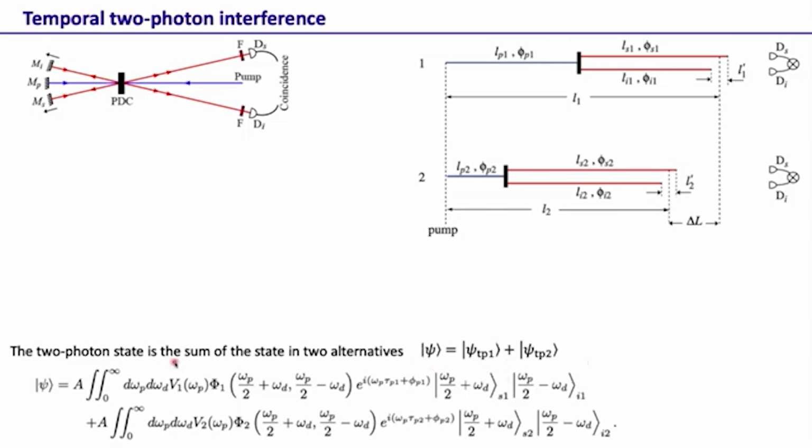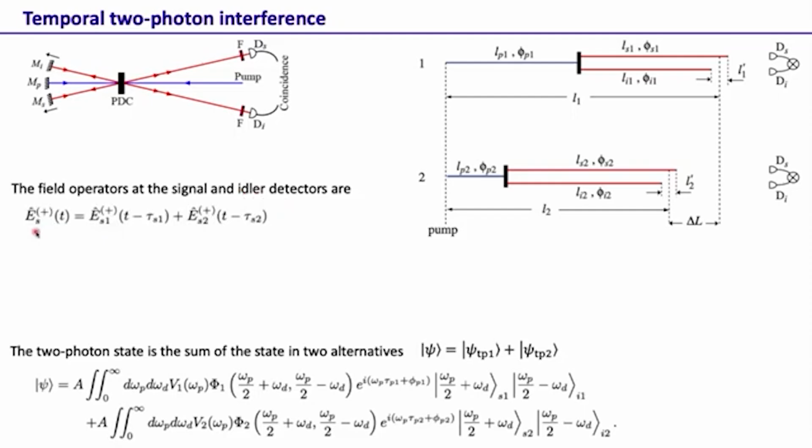Now before we can calculate any meaningful quantity with this state, we need to calculate the field operators at the signal detector. So the field operator at the signal detector ES, that's the positive frequency part. The field operator at time t at the detector is the sum of the field coming to the detector in alternative 1 and in alternative 2.